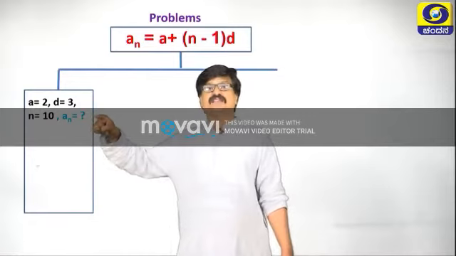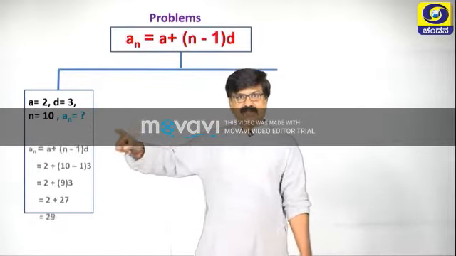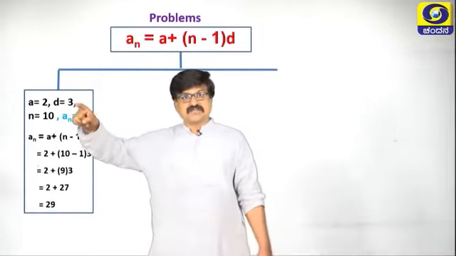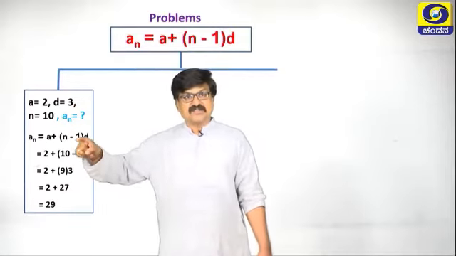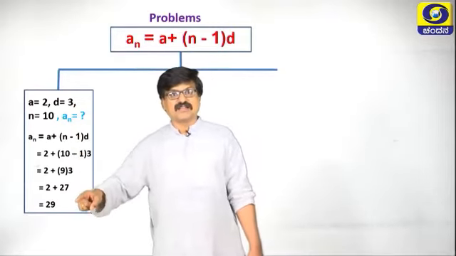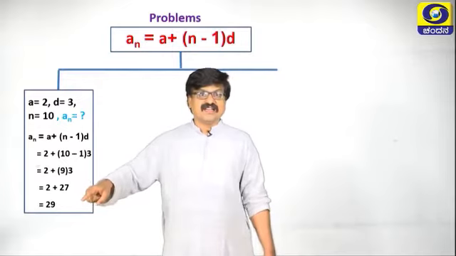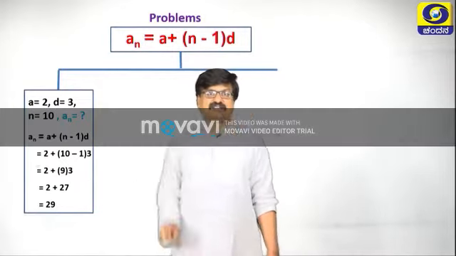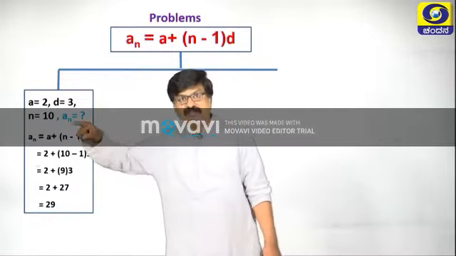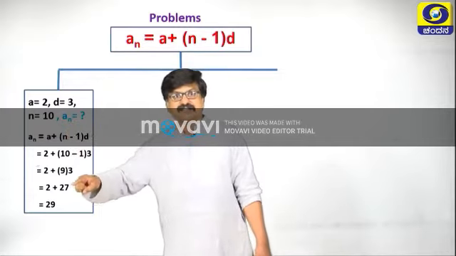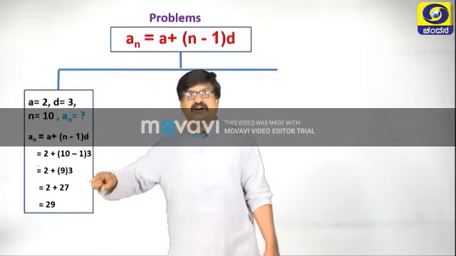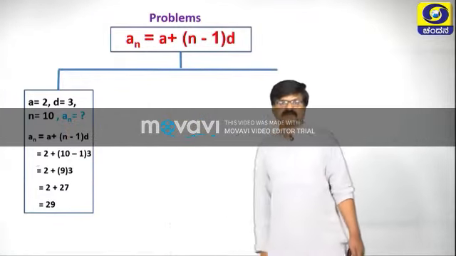How to find an? Write this formula, substitute a, d, n values, simplify, we get an as 29. Here n is 10, so this is the 10th term of the given AP.